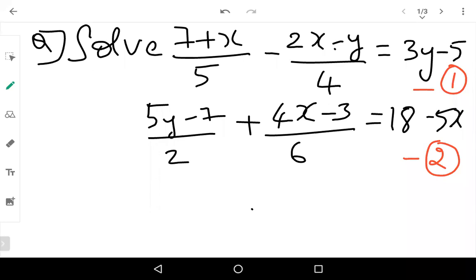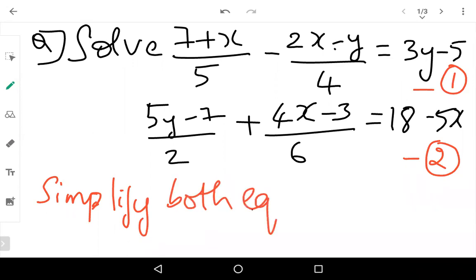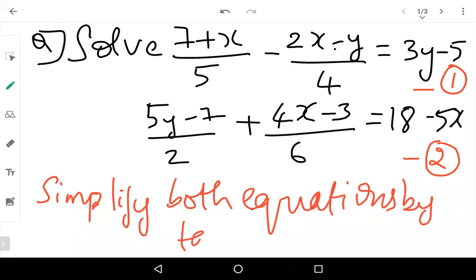Now, let us simplify both equations by taking LCM.